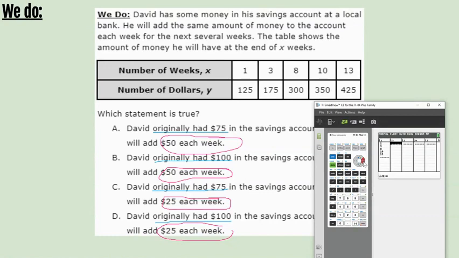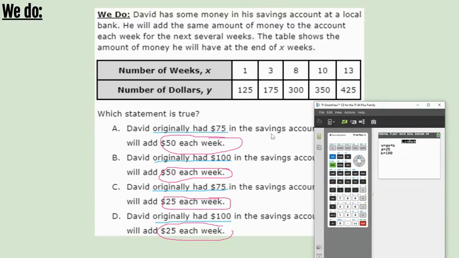Then I'm going to go over here and I'm going to do 125, 175, 300, 350, and 425. And then we do stat, calc, 4, enter, enter, enter, enter.